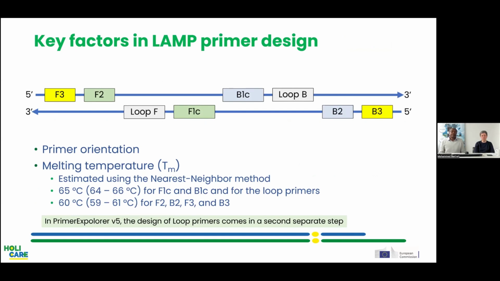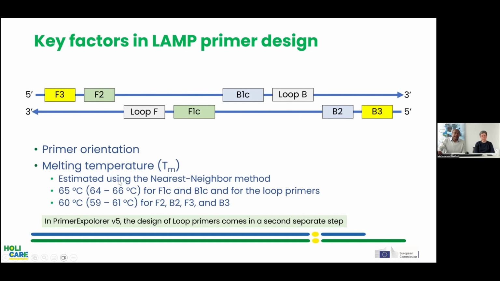The software thinks about primer design. It has fixed parameters that are always taken into consideration. This should then generate the best primers for the LAMP. The factors which are considered, I bring back again the picture of the primer set for the LAMP.